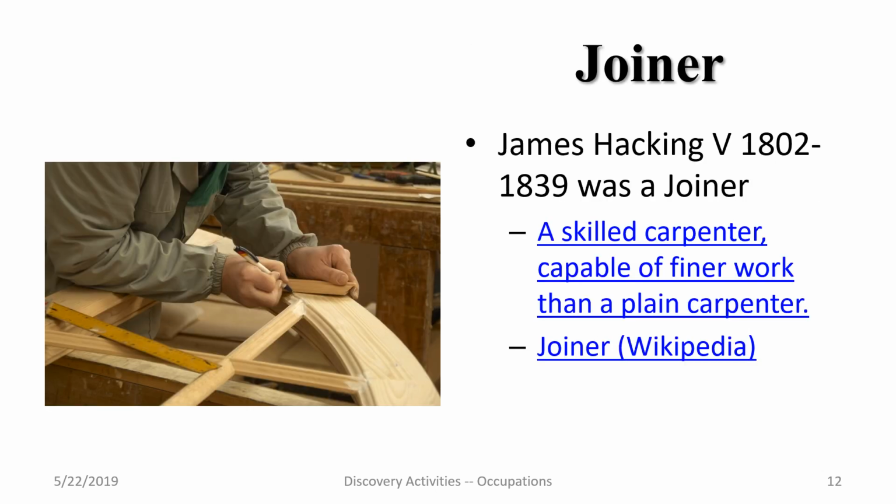The next occupation of my ancestors that we will look at is the joiner, which was the occupation of my second great-grandfather, James Hacking. According to the old occupations names list, a joiner is a skilled carpenter, capable of finer work than a plain carpenter, i.e. skilled in making joints for furniture making.